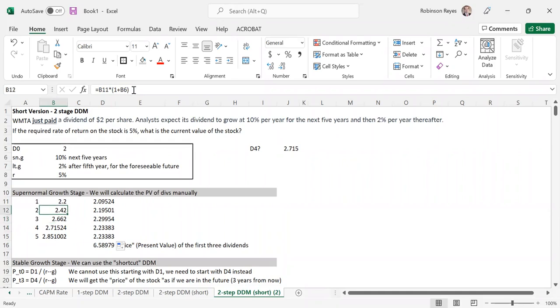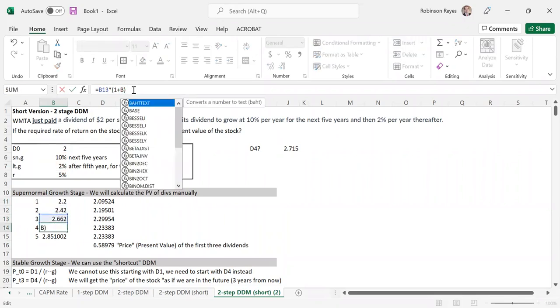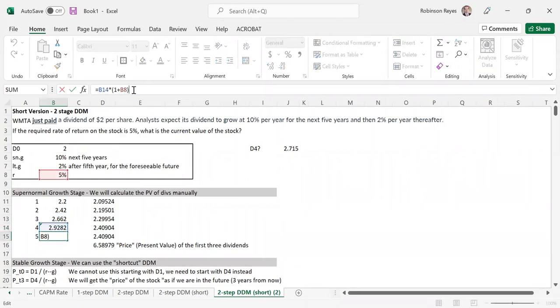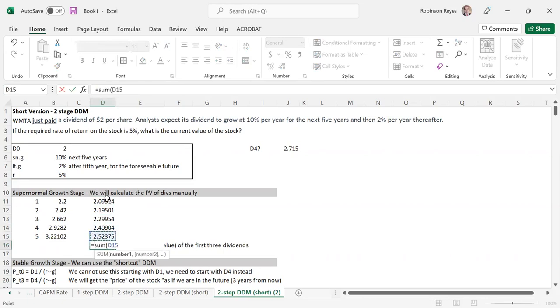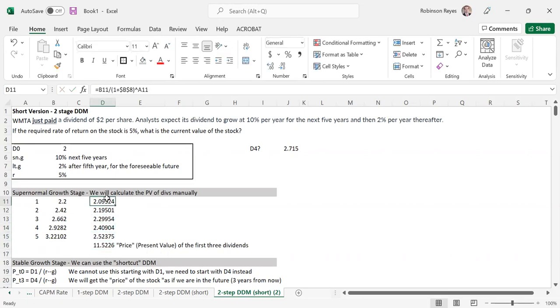So we need to have this dividend grow at 10%, this dividend is growing at 10%, this dividend is growing at 10%, this dividend needs to grow at 10% too, and this dividend needs to grow at a 10% rate too. Okay, so now these dividends are growing at a 10% rate every year, and we get the present value for each of these dividends manually, and then we add up the present value of these five dividends.